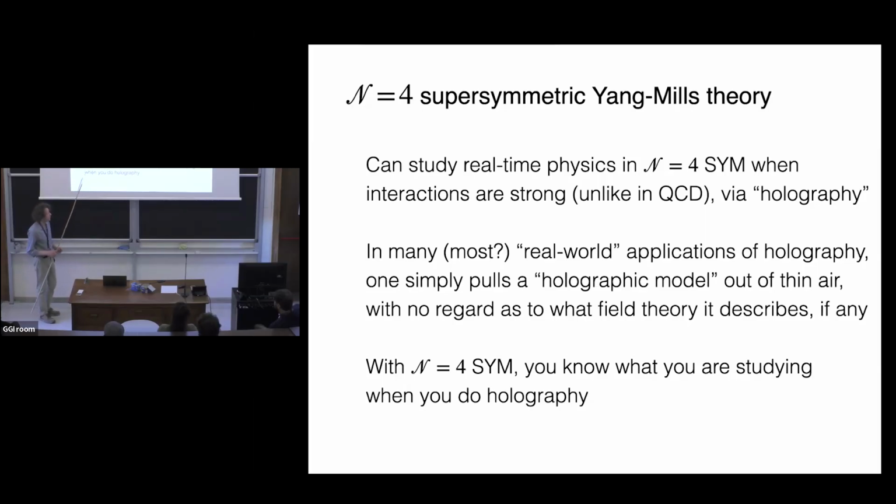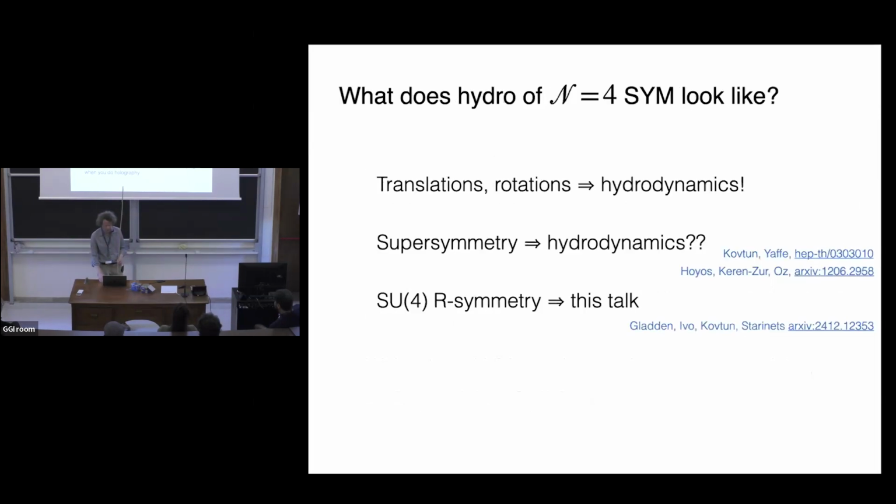Now, this is different with N=4 supersymmetric Yang-Mills theory because you know exactly what you're studying. When you do holography, you know what the Hamiltonian is, you know what the degrees of freedom are, you know what the interactions are.